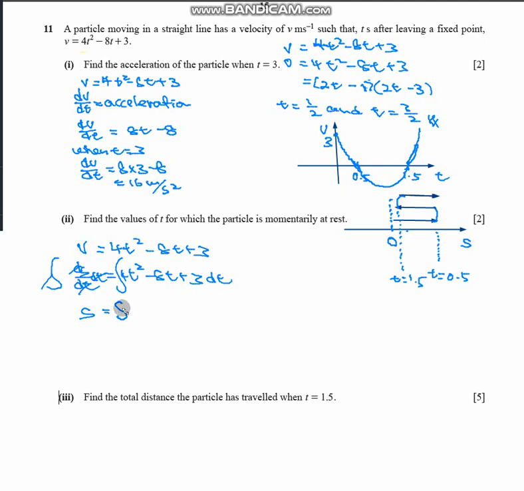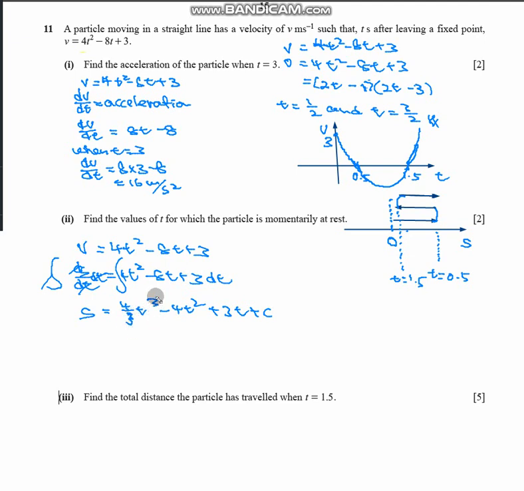Now if you integrate this whole thing, you will end up with 4/3 t cubed minus 4t square plus 3t plus c.